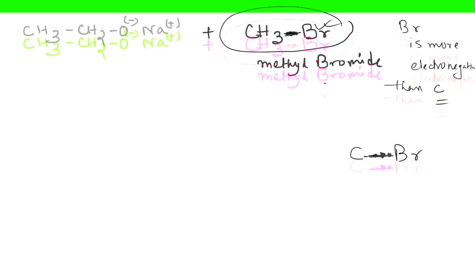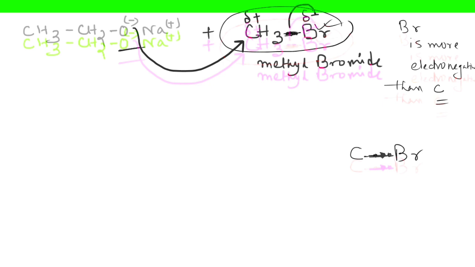So one partial negative charge will develop over the bromine atom, and a partial positive charge will develop on the carbon atom. Clear? Now this negative charge over the oxygen atom will attack the partially positively charged carbon atom, and in the same step what will happen?